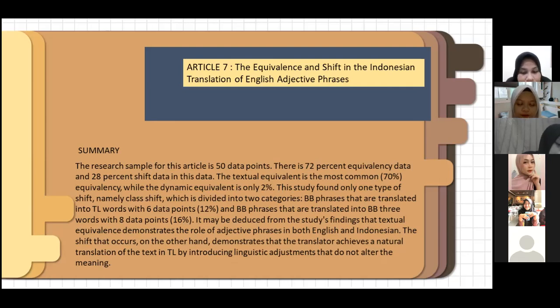It may be deduced from the study's findings that textual equivalence demonstrates the role of adjective phrases in both English and Indonesian. The shift that occurs, on the other hand, demonstrates that the translator achieved a natural translation of the text in the target language by introducing linguistic adjustments that do not alter the meaning.